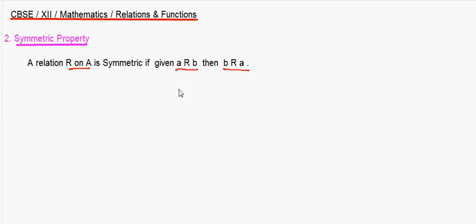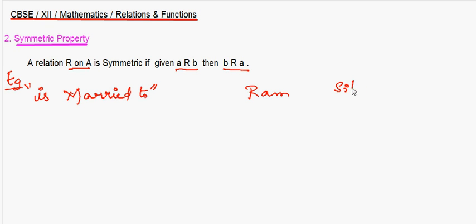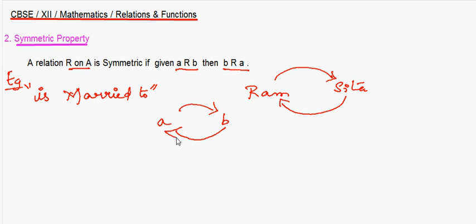For example, "is married to": if I say Ram and Sita, Ram is married to Sita. So obviously Sita is married to Ram. So that means a is related to b and b is related to a. Such a relation is called symmetric relation.